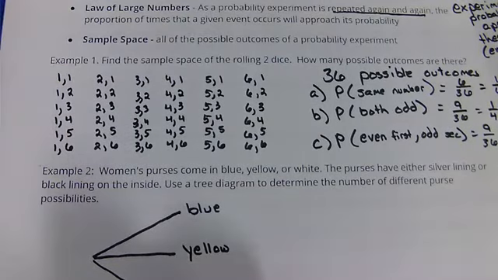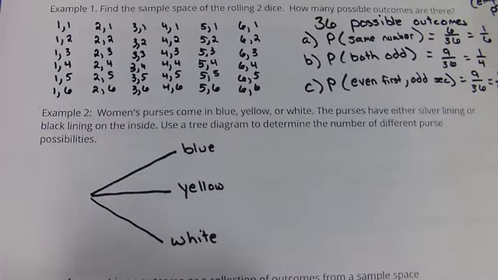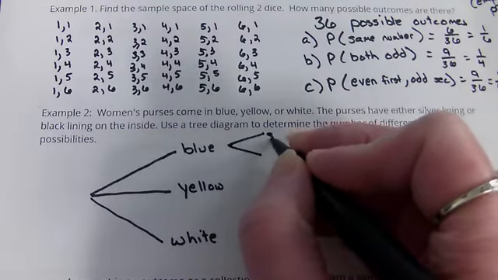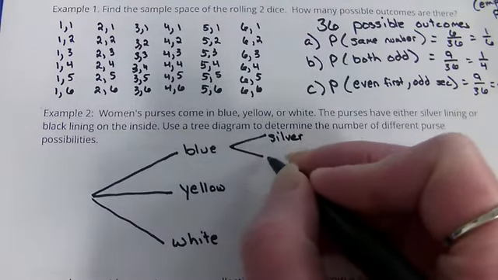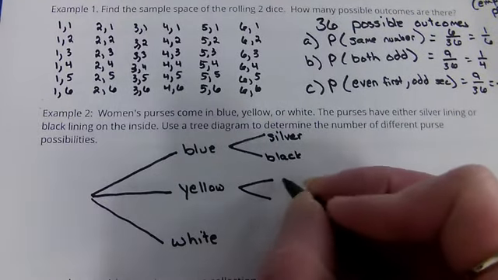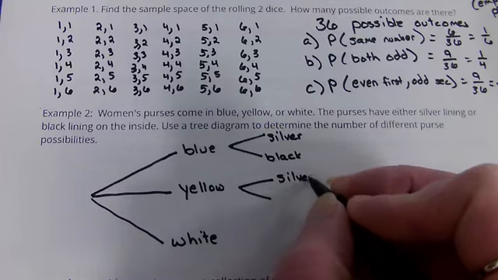So the first decision is the color of the outside: blue, yellow, or white. Now within each of those, it could have either silver or black lining. So if it's blue, it could have silver or black. If it's yellow, it can also have silver or black.